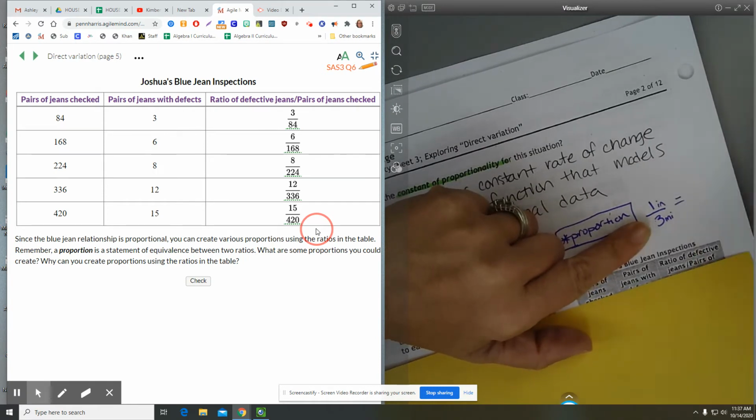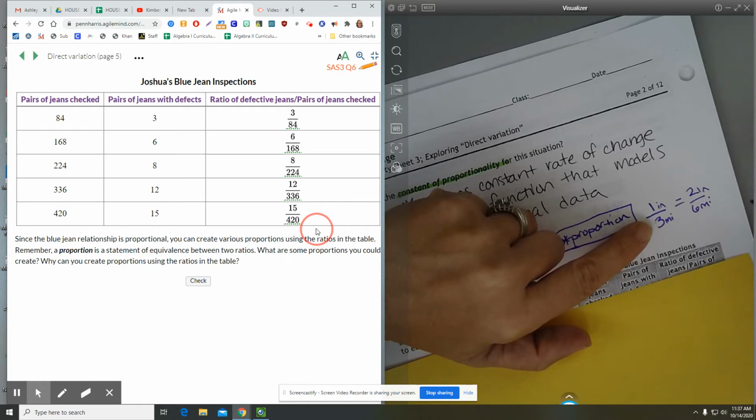So if I measure something that's 2 inches, it's really going to be 6 miles. Okay, this is an example of a proportion. And really, guys, all it means, again, is a fancy way of saying the fraction can be reduced.